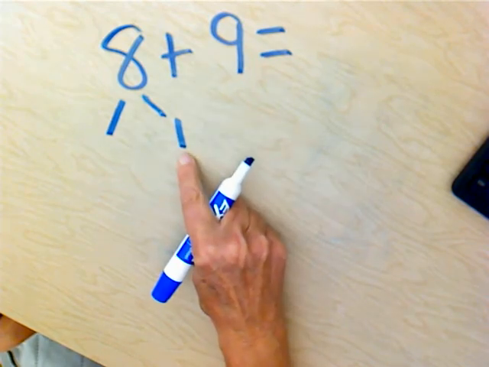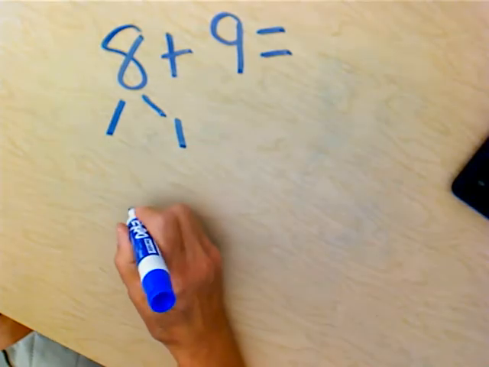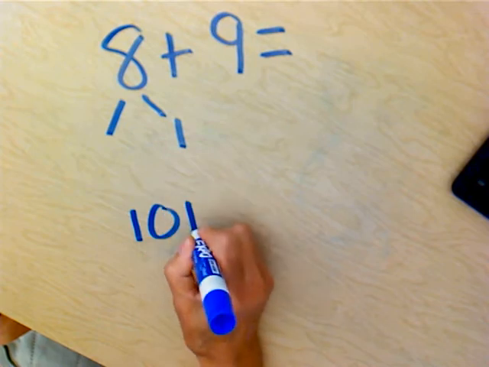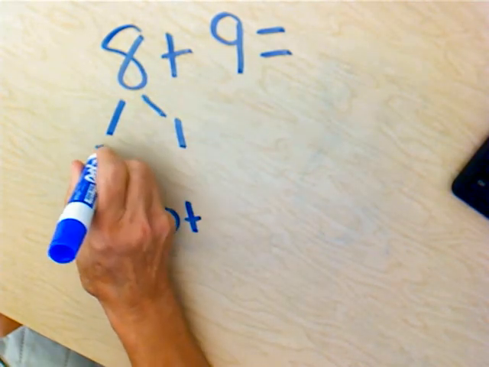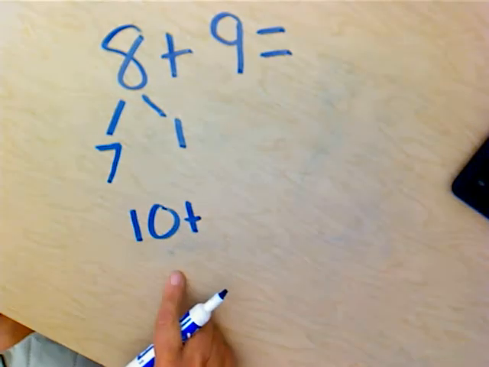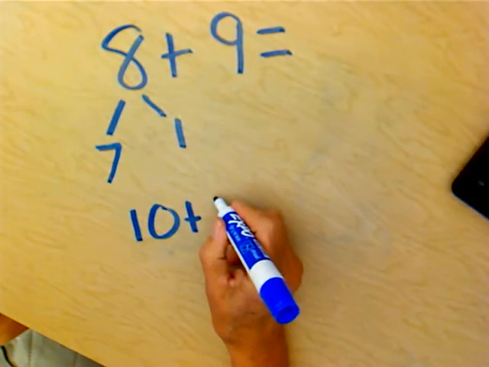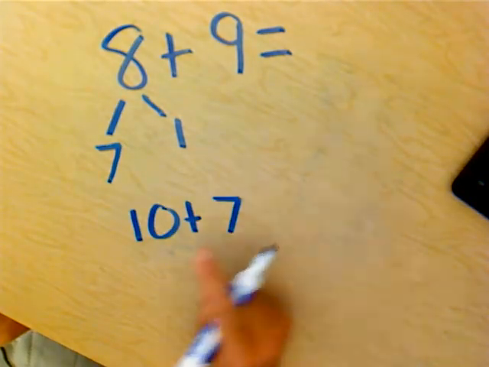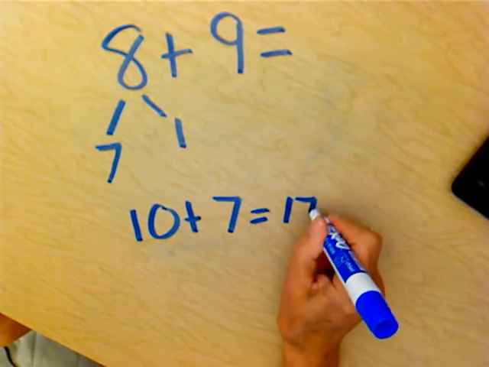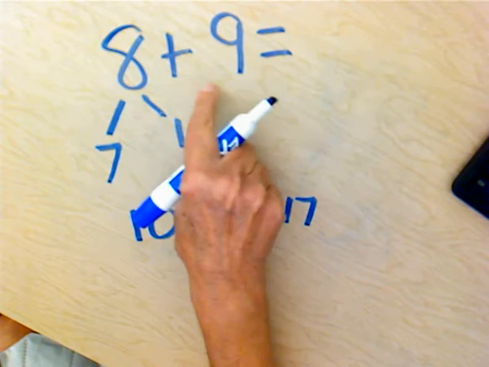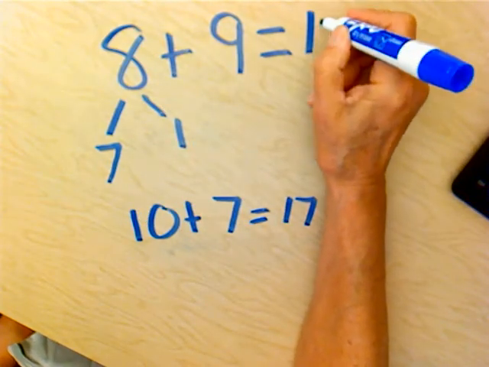If I add 1 and 9, that's going to give me 10. What else, if I broke that 8 apart, wouldn't that give me 7 here? So then all I have to do is add the ones I haven't used yet. 10 plus 7 equals 17. So 8 plus 9 would be 17.